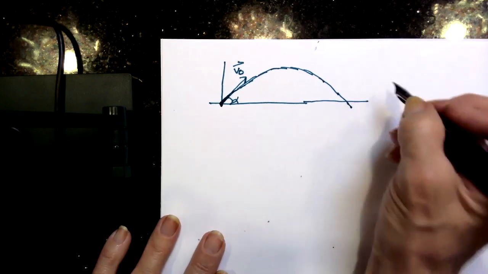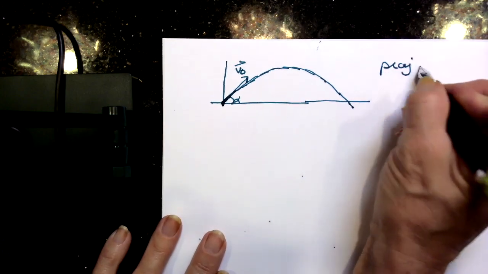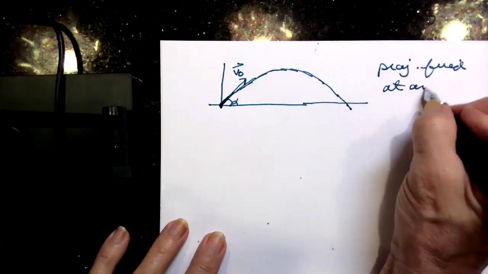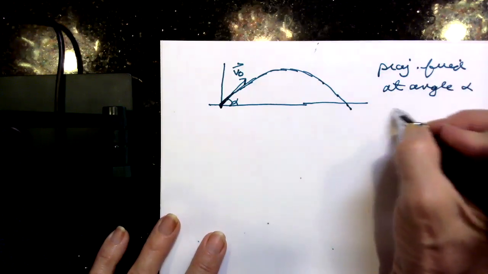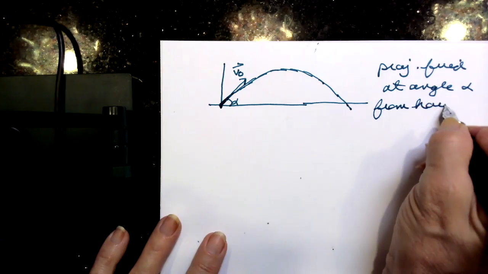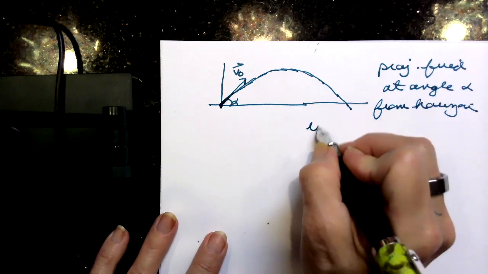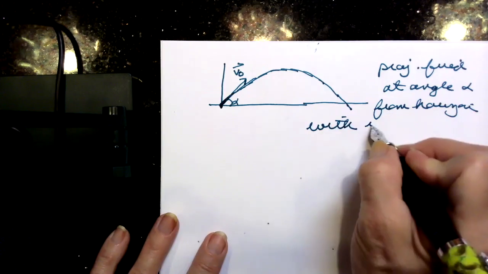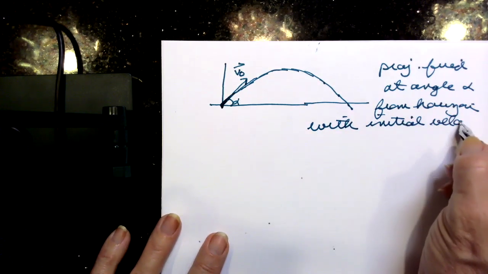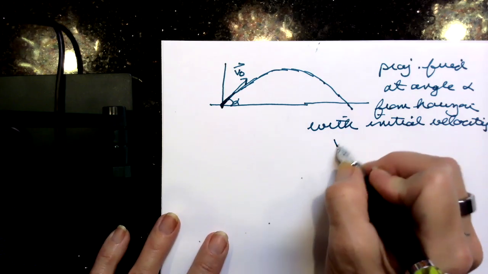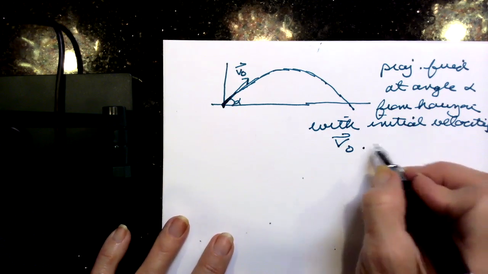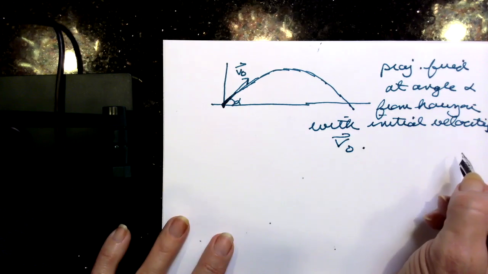Okay, and this is the projectile fired at an angle alpha from the horizon with initial velocity vector v0. And only gravity is working on it.